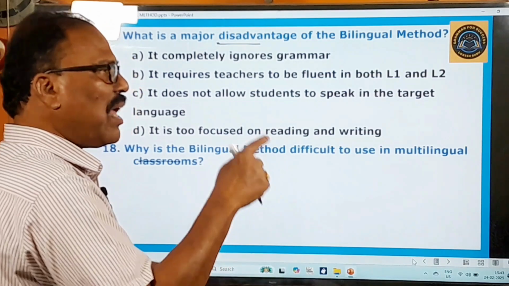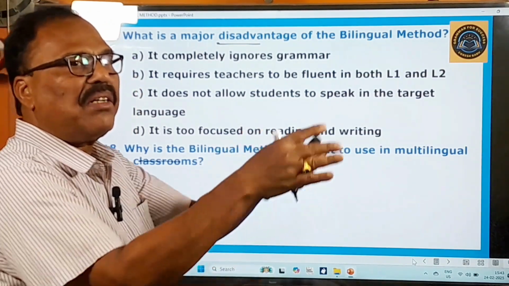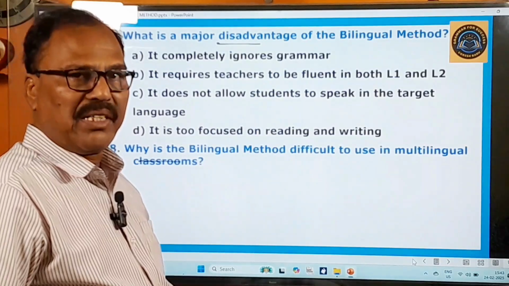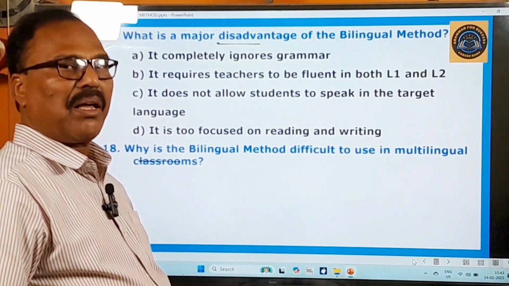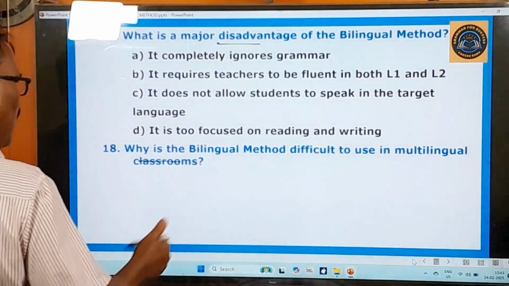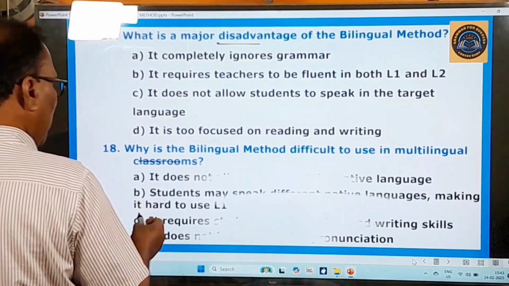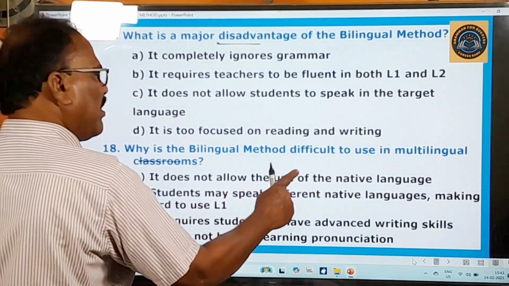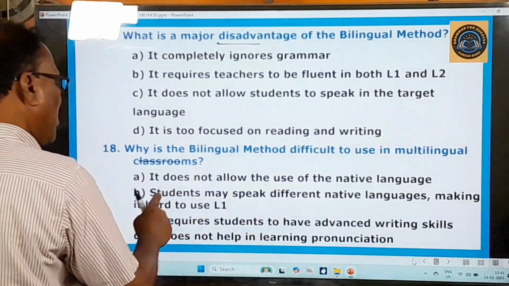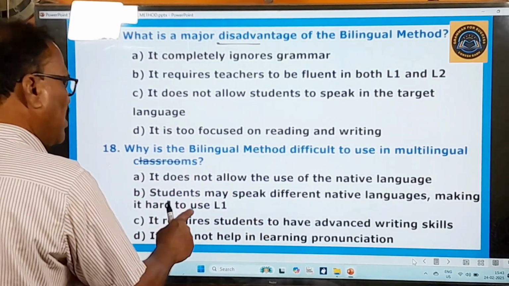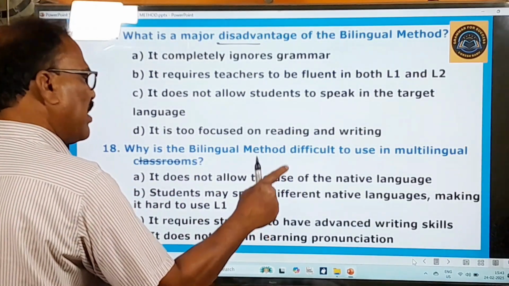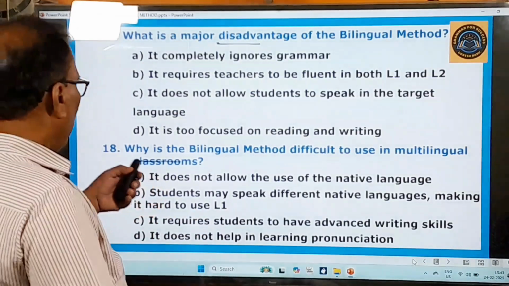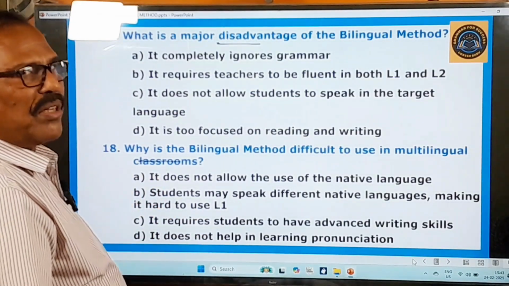Okay, so in the classroom in which there are multilingual students, this bilingual method cannot be adopted very easily. It becomes very difficult to be adopted, right? And here, why is it so? Means here some reasons are given. It does not allow the use of the native language. Students may speak different native languages, making it hard to use L1. It requires students to have advanced writing skills. It does not help in learning pronunciation. So these are the options. You know the right one, you can choose it.